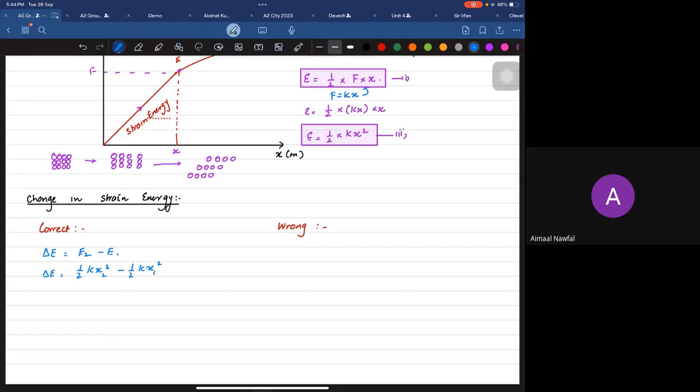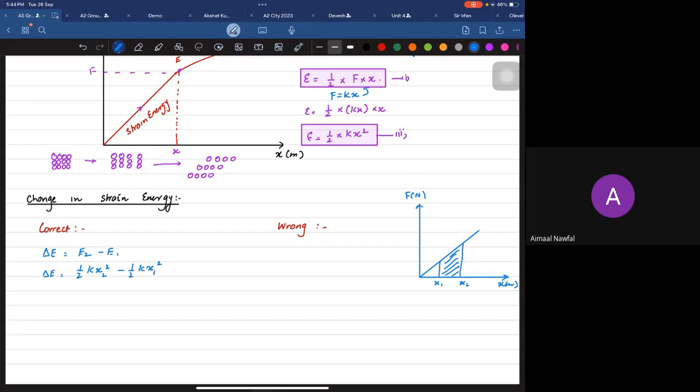I'm talking about questions where they have given you a force and extension graph, and they've shown a line with two different sections, x1 and x2, and they want you to find the area, the change in energy.